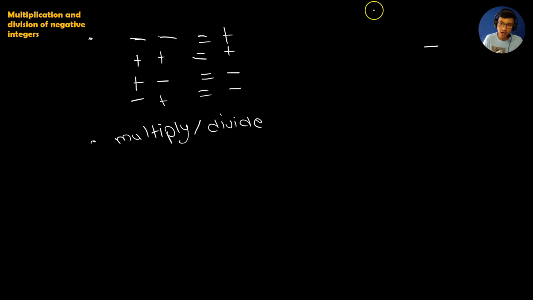Let's try another one. Negative 36 divided by negative 4. What we do here is the same thing. We see what sign they have.